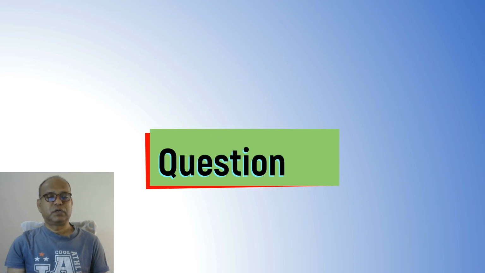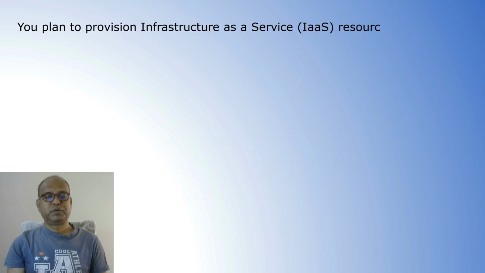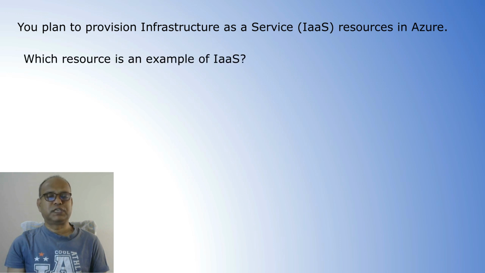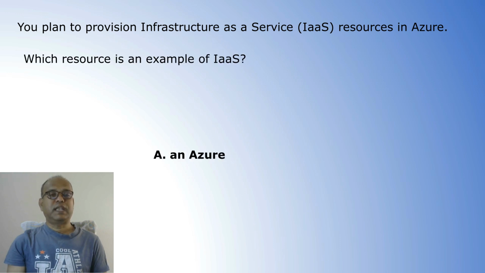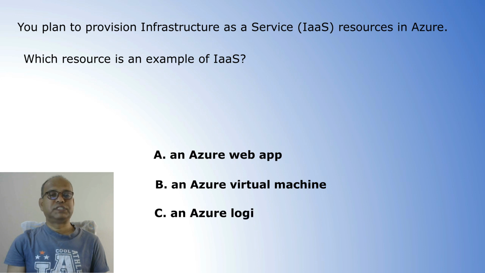Next question. Question number 53. You plan to provision infrastructure as a service IaaS resources in Azure. Which resource is an example of IaaS? Option A, an Azure Web App. Option B, an Azure Virtual Machine. C, an Azure Logic App.